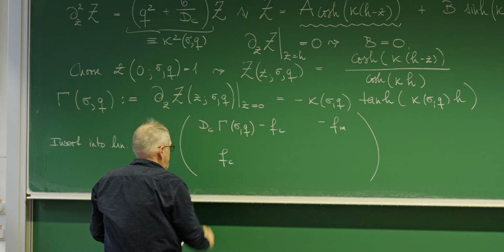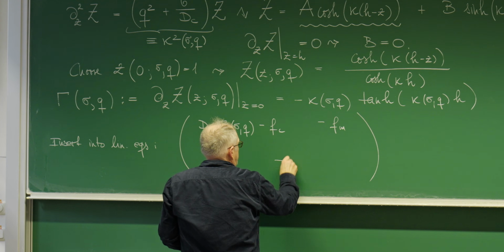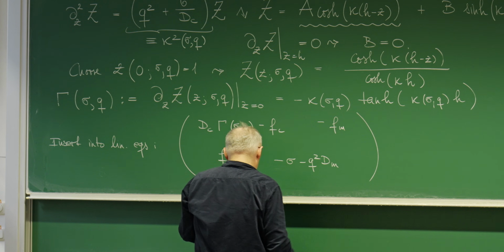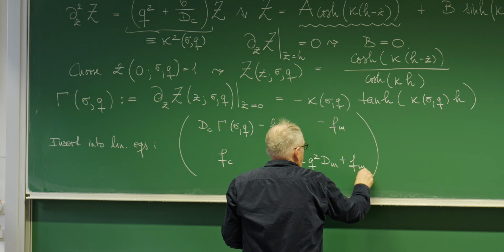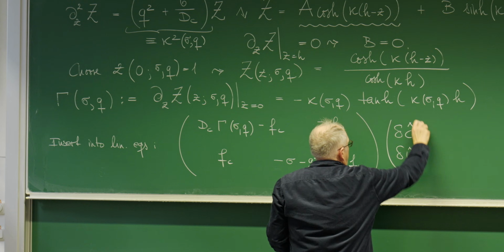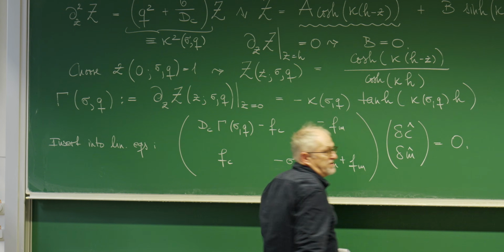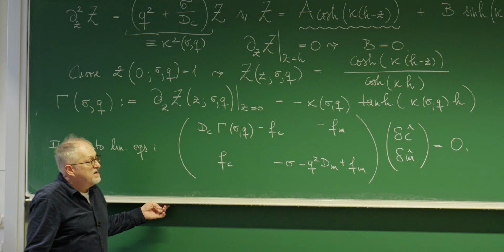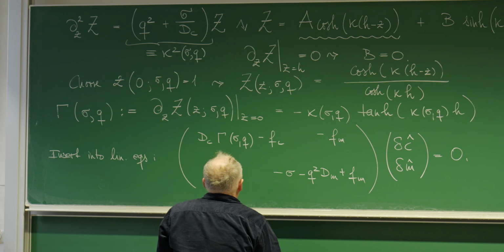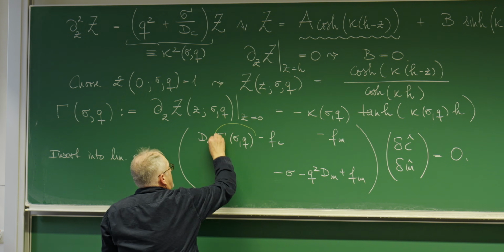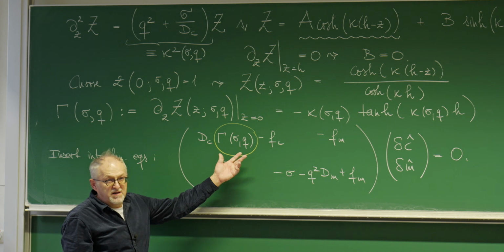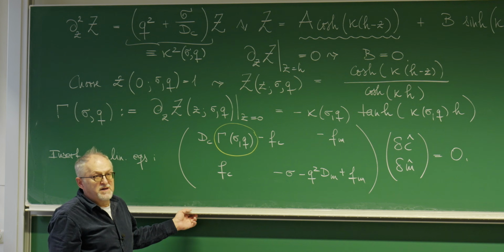Here we get Fc, and here we get minus sigma minus q squared Dm plus Fm, acting on delta C hat and delta m hat, equal to 0. That is our eigenvalue problem. And as you have seen now, this dependence that we have here that comes in through the profile function makes this a non-trivial problem to study.